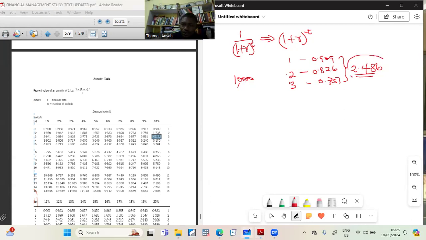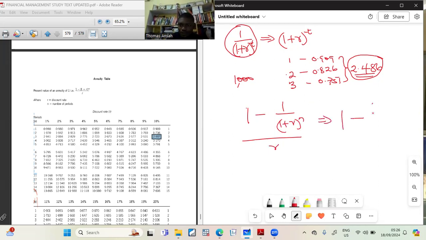But if I want to get this straight, I can also use a formula: 1 minus 1 over 1 plus R raised to the power N, all over R. If I put in 1 over 1.1, which is 10%, for 3 years, all over 0.1, I still end up with 2.487.